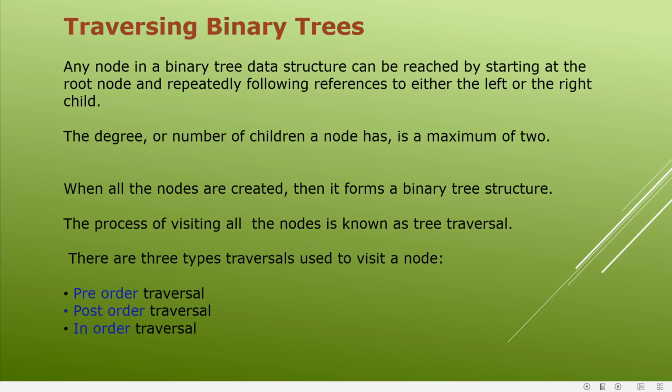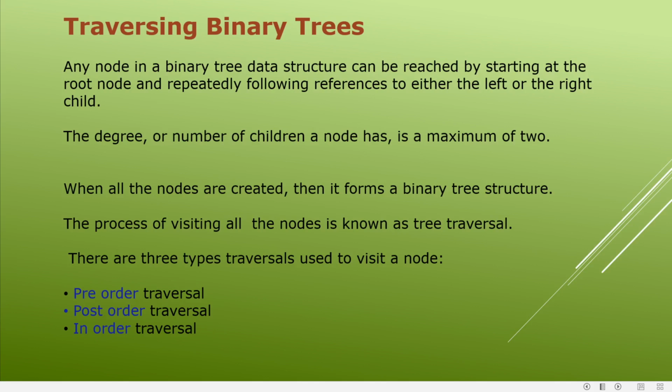This process is not as commonly used as finding, inserting and deleting nodes. One of the reasons for this is traversing is not particularly fast, but traversing a tree is useful for some circumstances. The degree, or number of children a node has in a binary tree, is a maximum of 2 children.